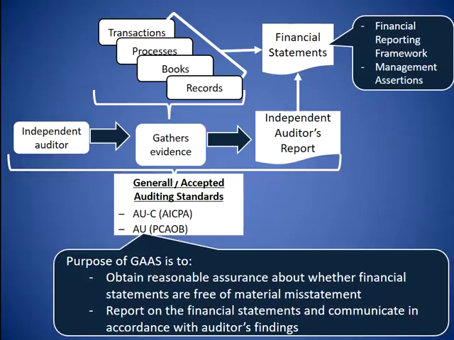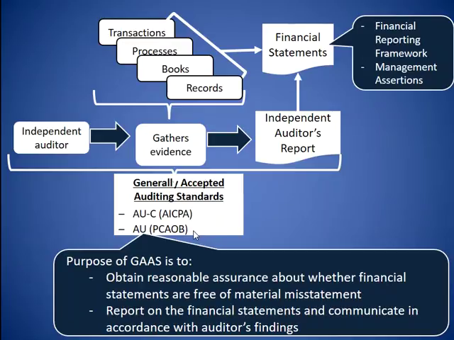At one time, the AICPA was the only authoritative body issuing audit standards, but because of the accounting scandals that occurred in the late 1990s and early 2000s, the government created, essentially through the Sarbanes-Oxley Act of 2002, an independent board called the Public Company Accounting Oversight Board, or PCAOB, which was now charged with creating auditing standards for any auditor performing audits of what we call listed companies, or companies that are subject to the Securities and Exchange Commission.